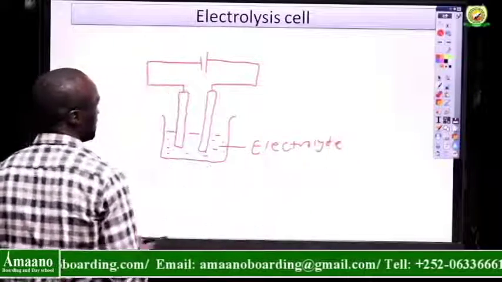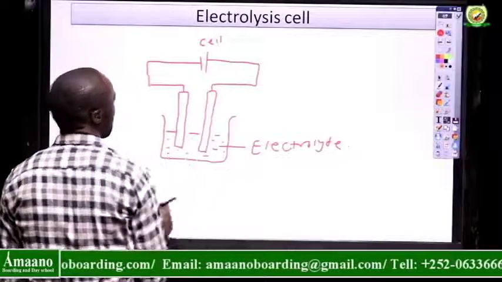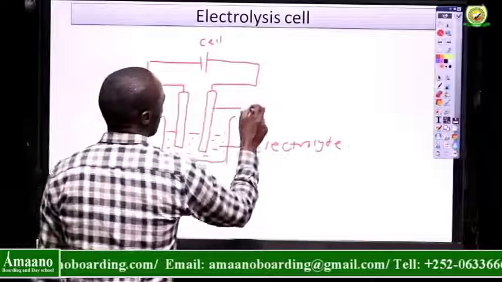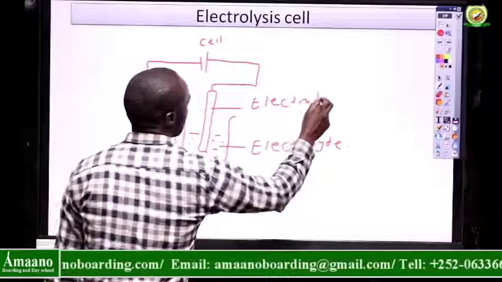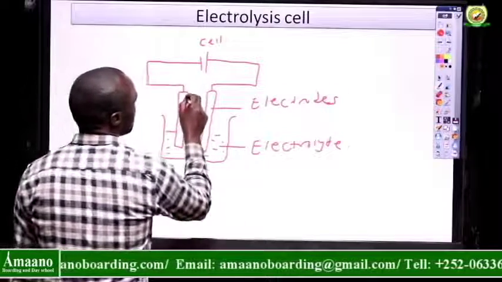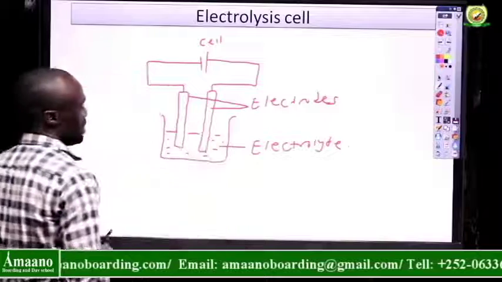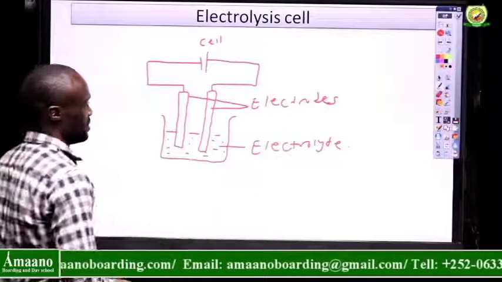That's the electrolyte, and then this is the cell, and then these are the electrodes. Whereby these two are the electrodes. One is the anode, another one is the cathode.